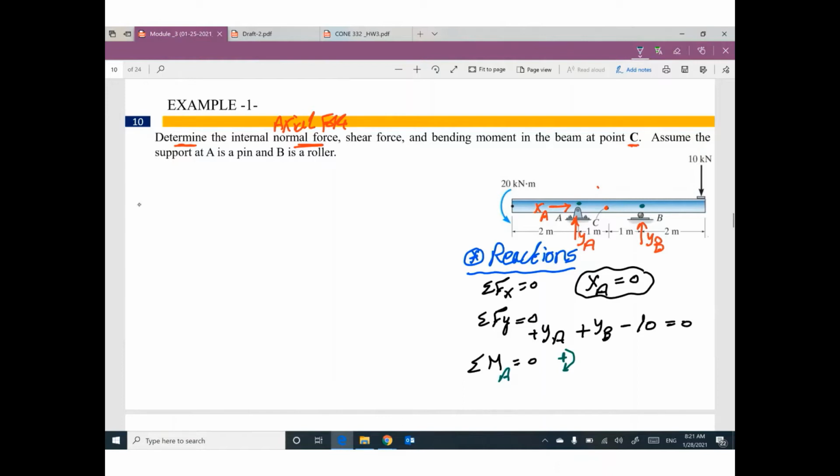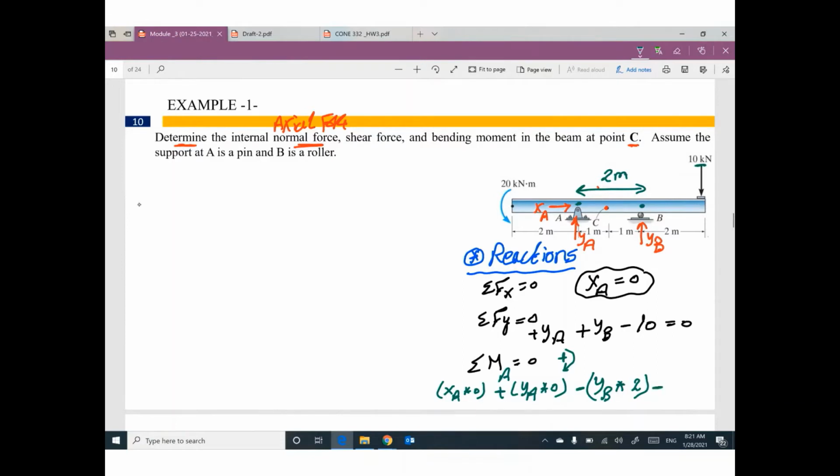I'm taking a moment at A. So XA times 0, we don't have distance for XA. YA times 0, we don't have distance for YA. Negative, because it's counterclockwise, YB times distance what? 2 meters. The distance between B and A is 2 meters.